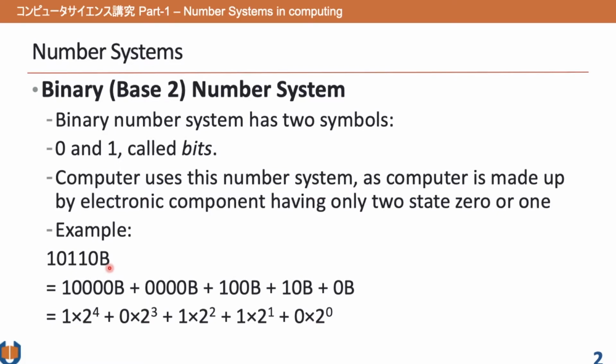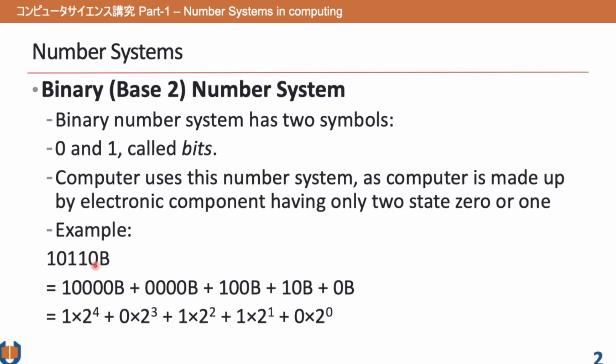Like the decimal one earlier, here we have to do the same thing. We multiply each bit by 2, and the power starts from 0 and increases 1 by 1 until the most significant bit.